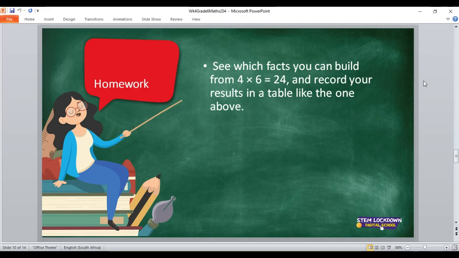Sorry, it's 240,000, not 2 million. Excuse. It's 240,000. And then 400 multiplied by 6,000 is 2,400,000.